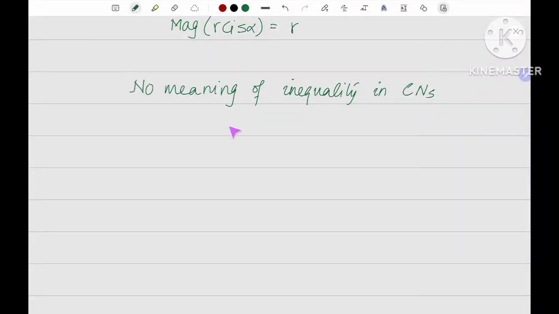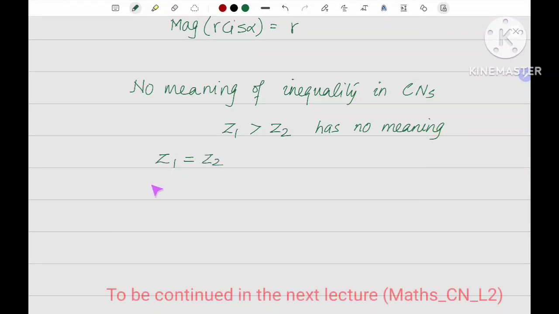If I say Z1 is greater than Z2, it has no meaning. Yes, but equality has meaning. So I can say Z1 equal to Z2 or Z1 not equal to Z3. They have meaning.